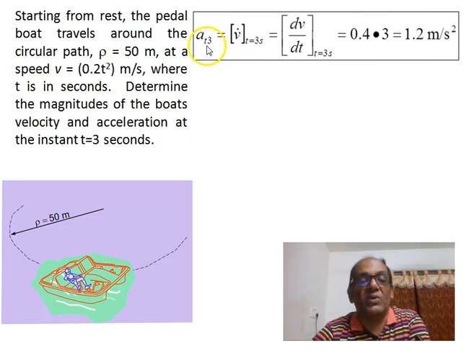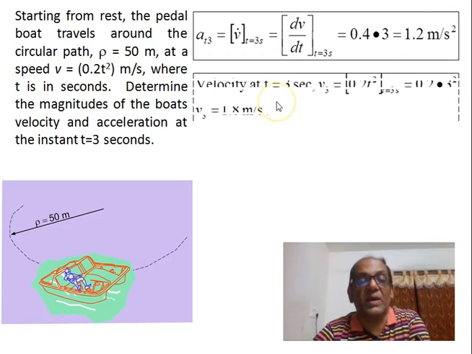First we need to find its tangential component of acceleration, which is v t dot, which is dv over dt evaluated at 3 seconds, that is 0.2 multiplied by 2 multiplied by 3, that is 1.2 meters per second squared.